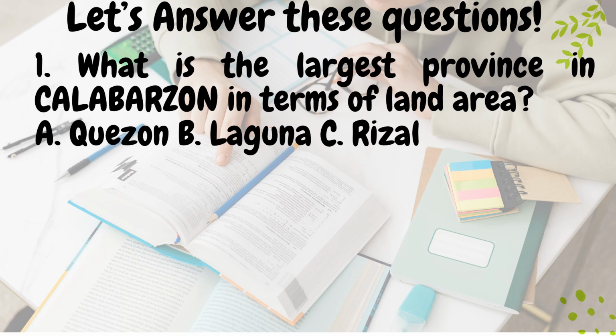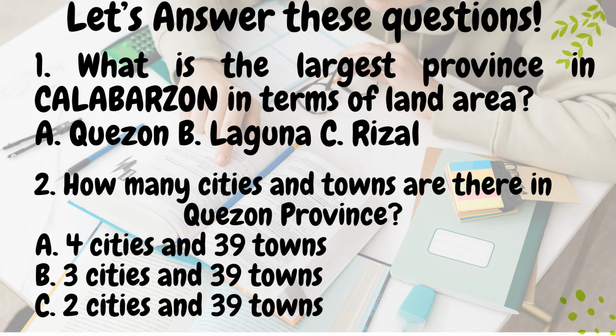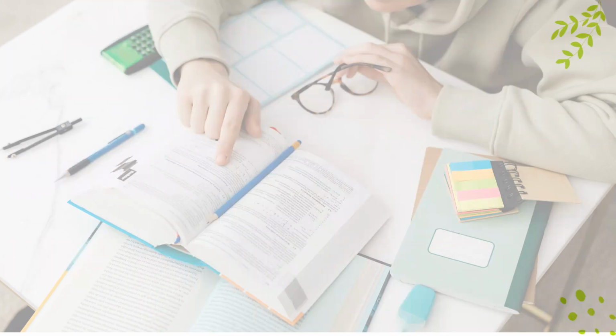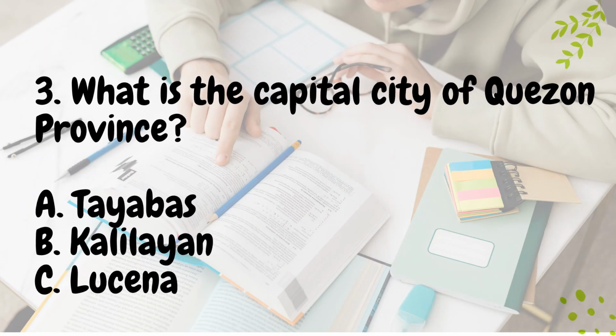So here are the questions. Number 1, what is the largest province in Calabarzon in terms of land area? Is it A, Quezon, B, Laguna, or C, Rizal? For number 2, how many cities and towns are there in Quezon province? So choose the letter of your choice.